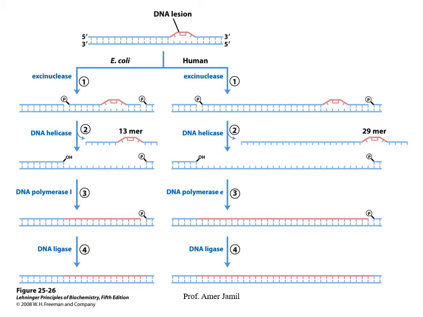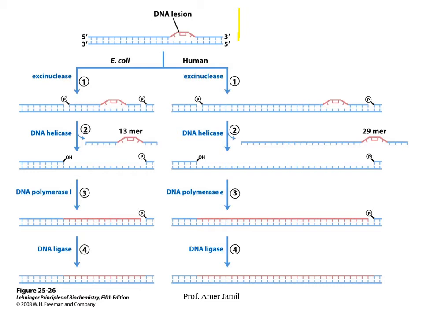So here you can see a DNA lesion in red in a certain part, and a comparison is given between the E. coli system and the human system, human cells, of how this repair takes place.